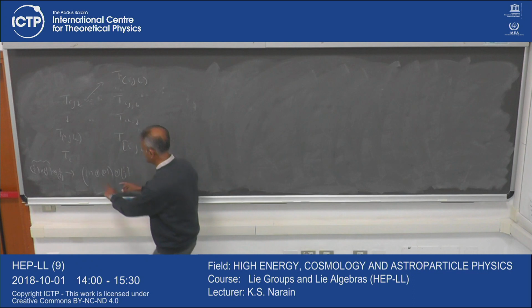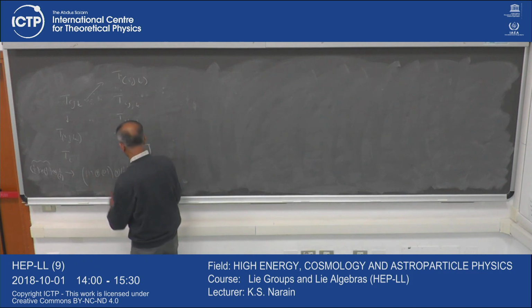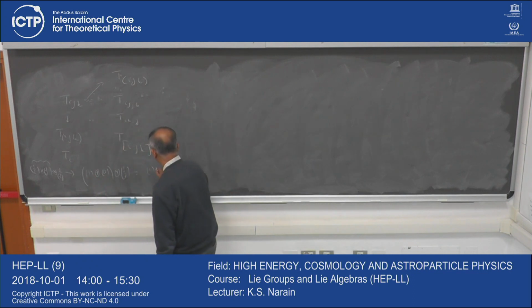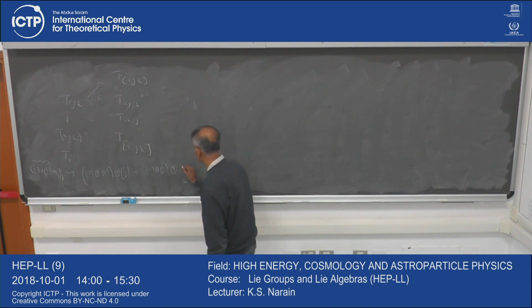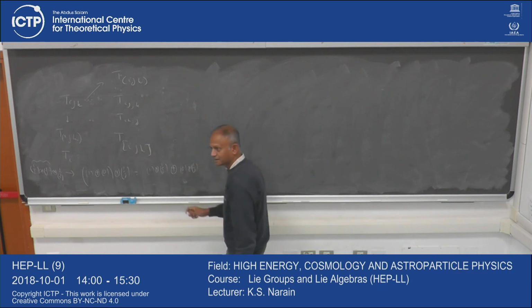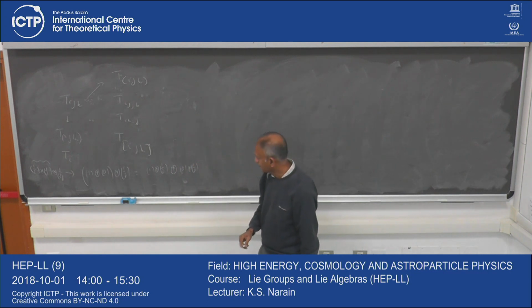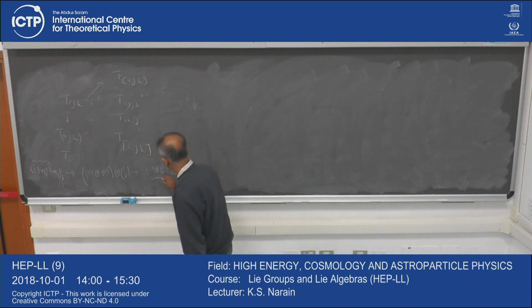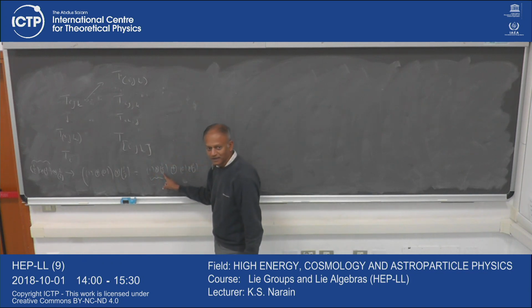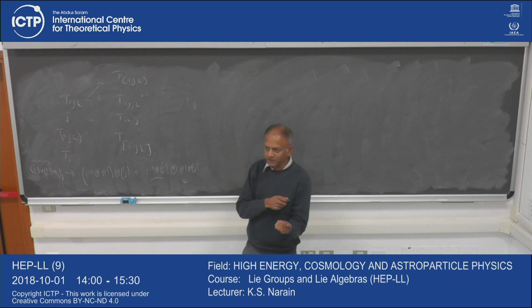Now this is a sum, so I take the product with each of them. This is the same as 1 times half plus 0 times half, tensor product. Now this one was spin 1 and spin half. We already know the rule generally: if I have spin j and spin j prime, it will go from j plus j prime all the way down to j minus j prime.